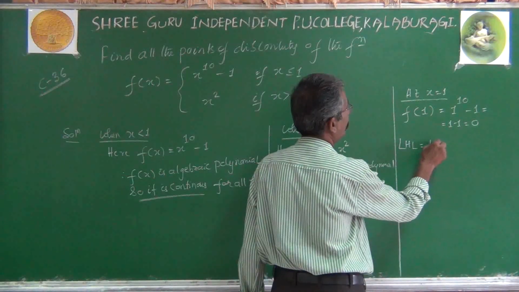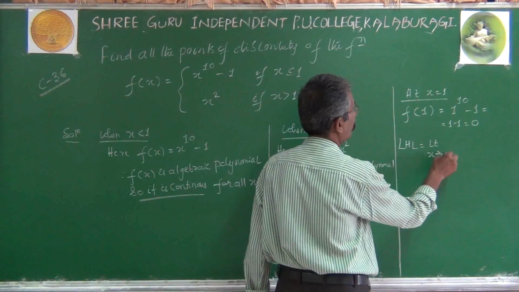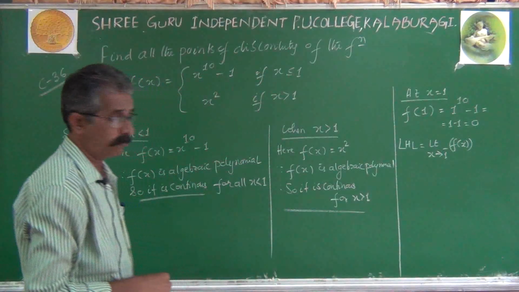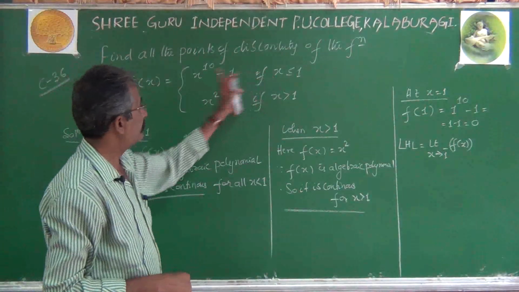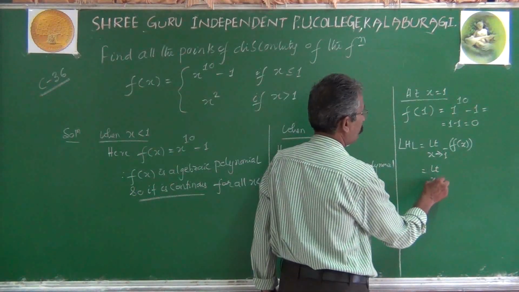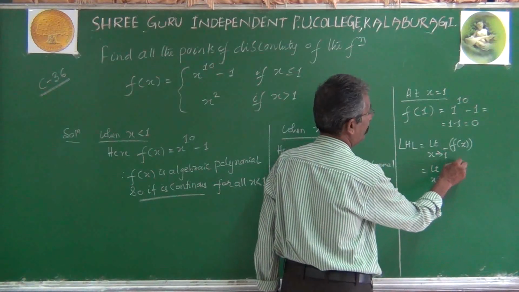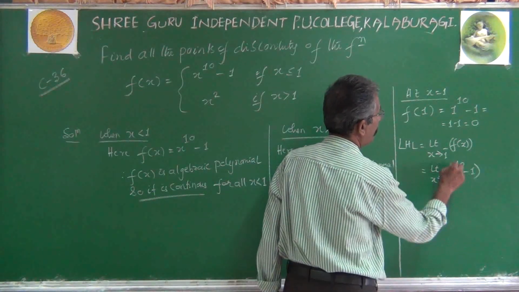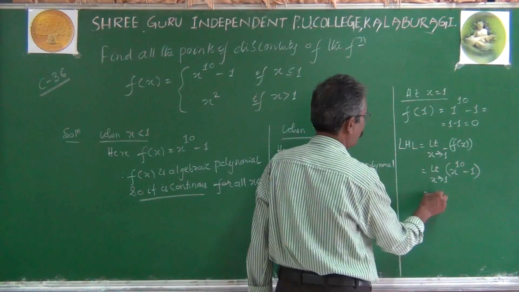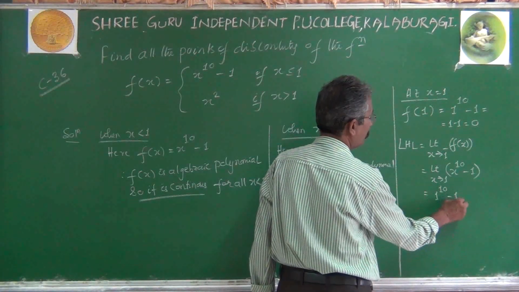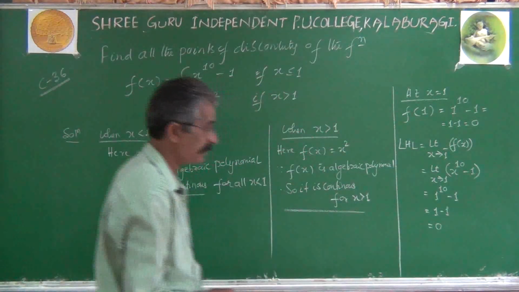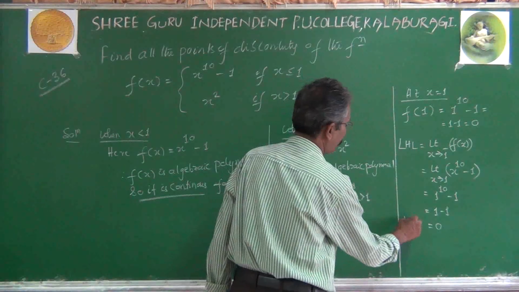Left hand limit is defined by limit x tending to 1 minus of f of x. 1 minus means less than 1. When x is less than 1, the function value is x to the power of 10 minus 1. So it is limit x tending to 1 of x to the power of 10 minus 1. Replacing x by 1, we get 1 to the power of 10 minus 1, which is 1 minus 1, that is 0. This is the left hand limit.